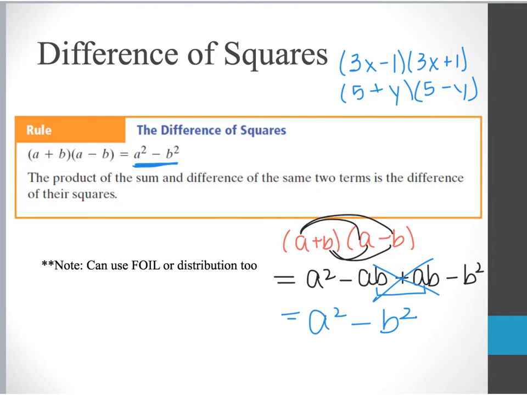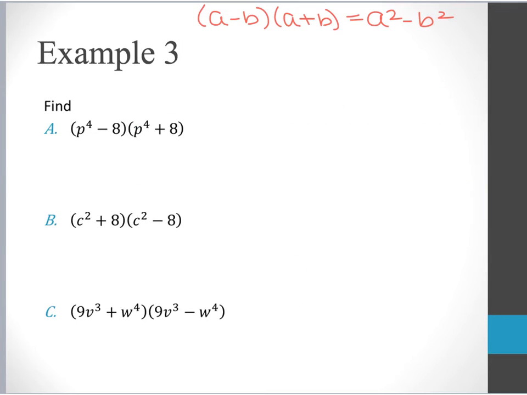So this is how I know I'm going to produce a difference, or subtraction, of two squares. And just like the previous Part 1 video, if you don't want to memorize this, you can still use FOIL or distribution, but this is going to help you in the long run because it's like a shortcut.